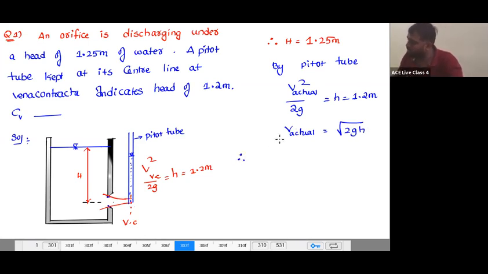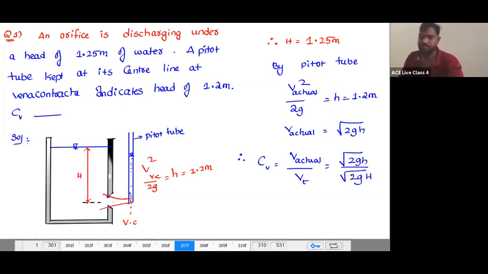So now you tell me what is Cv? Cv means V actual by V theoretical. So root of 2gh by root of 2gH. Here everything will get cancelled.